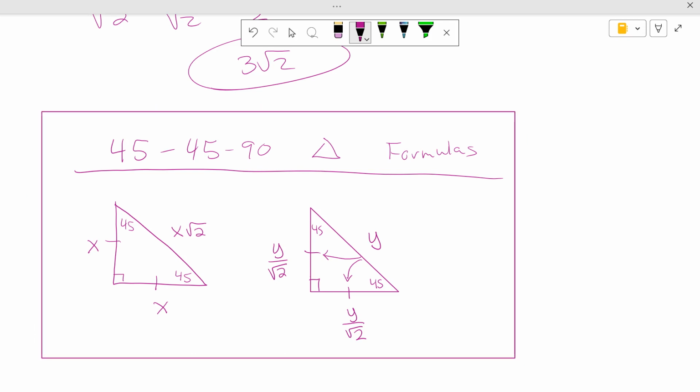Know the 45, 45, 90 formulas. Okay, so if you have them written down somewhere, that's a good thing. To get from the side to the hypotenuse, you just multiply by the square root of 2. That's the easy one. To get from the hypotenuse to the side, you divide by the square root of 2.